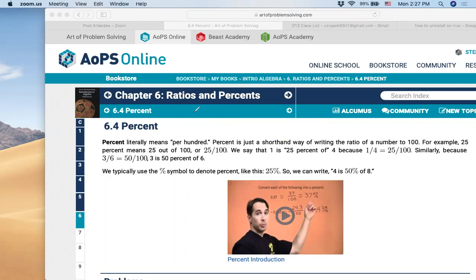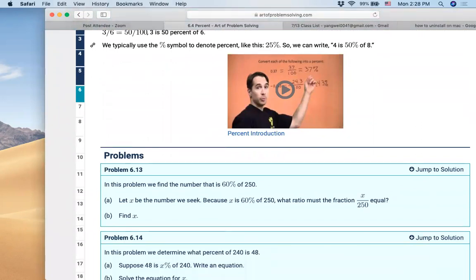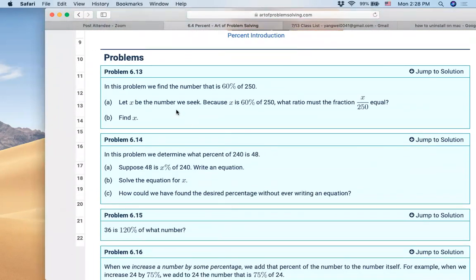So now let's see some exercises. Let's see this one, 6.13. They ask you to find the number that's 60% of 250.